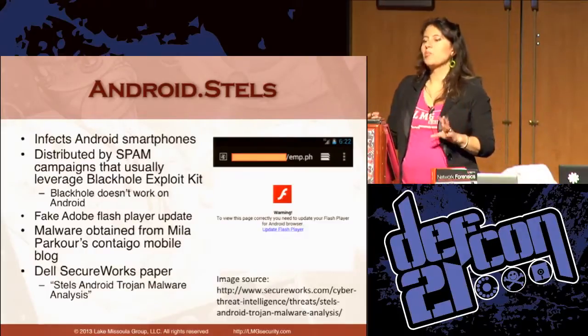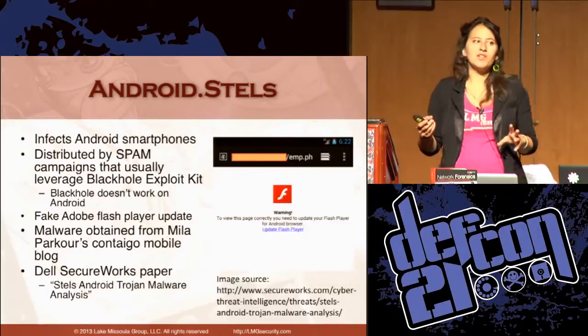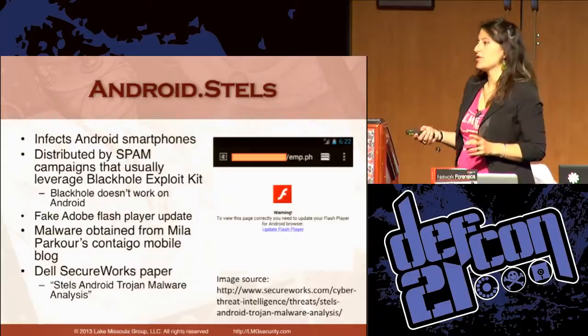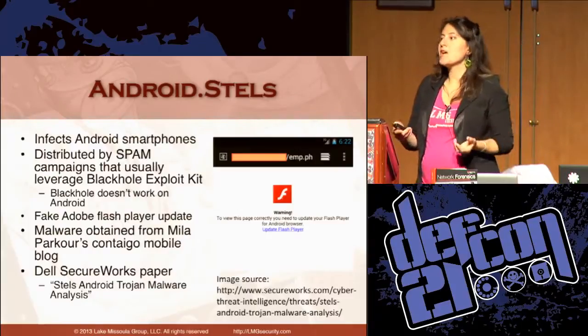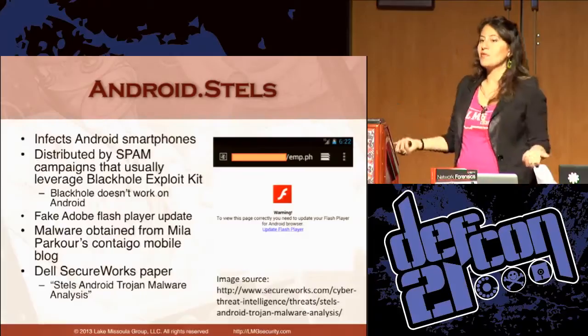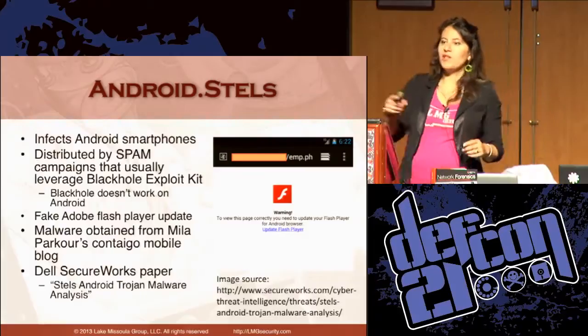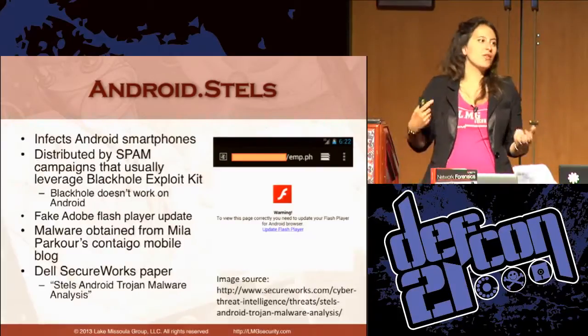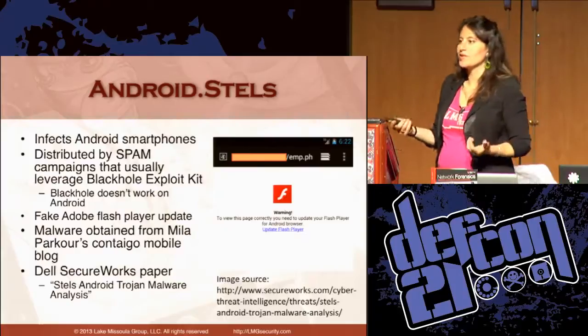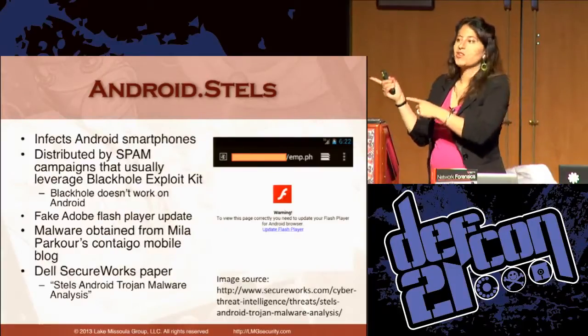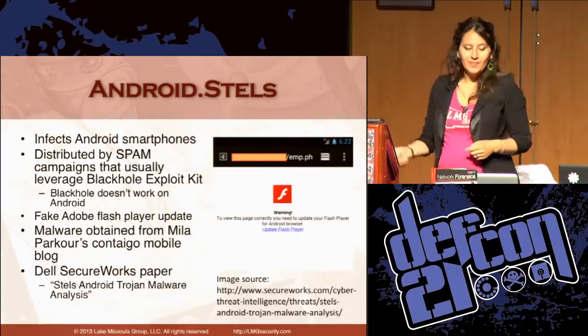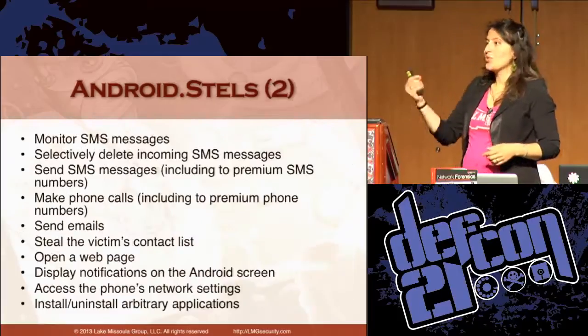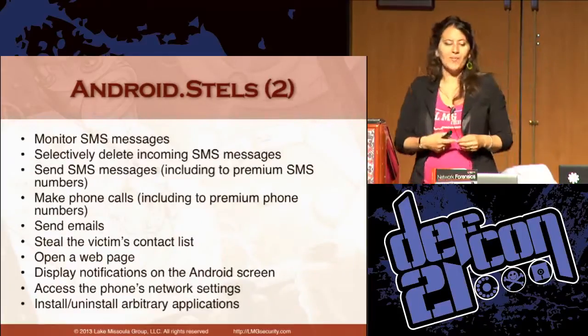Normally, they use the Black Hole Exploit Kit to infect systems, but that doesn't work on Android devices. So in this case, they're using a fake Flash Player update, and people fall for this all the time. You click on the link, it says, sorry, you need a new version of Adobe Flash Player in order to read this file, and then it shoots you to a page that looks like an Adobe page. And the user just sort of walks through the installation for the attacker.